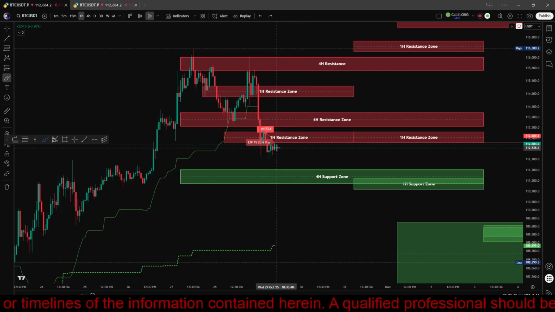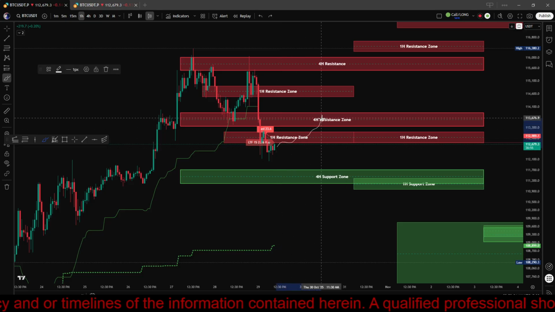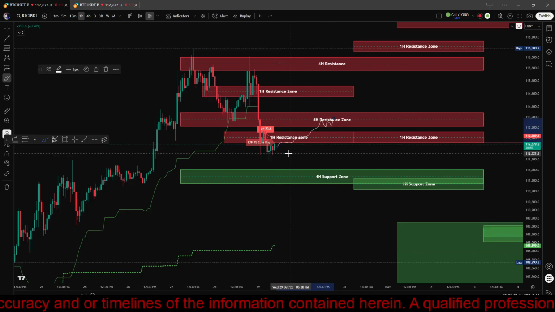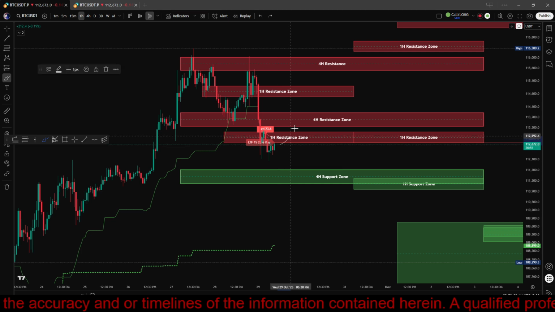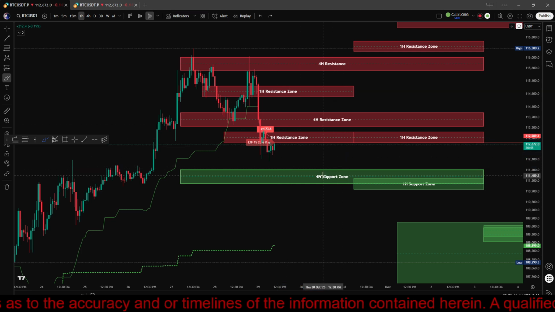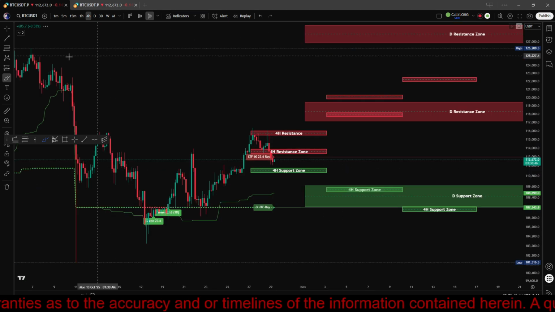So the chances are it may go for these levels, get a rejection, and then it will come down somewhere here in the 4-hour support zone.